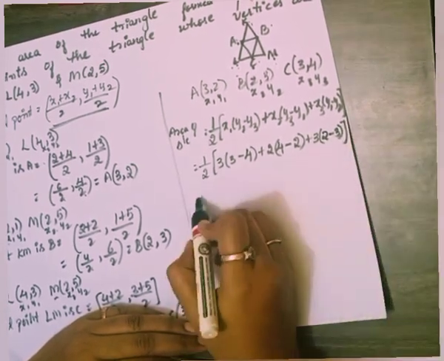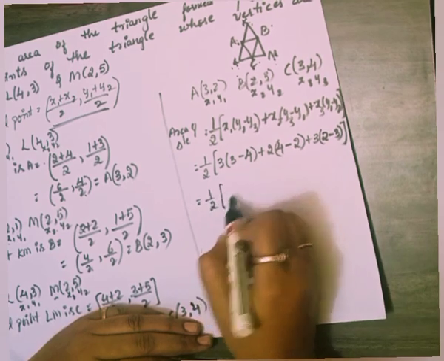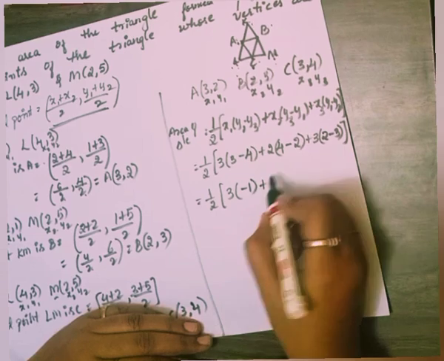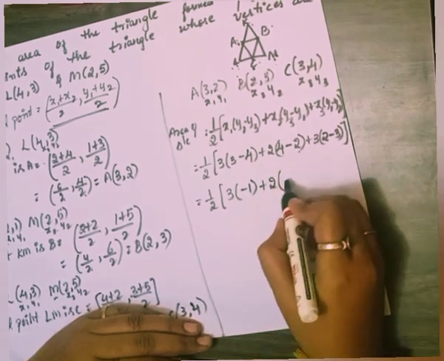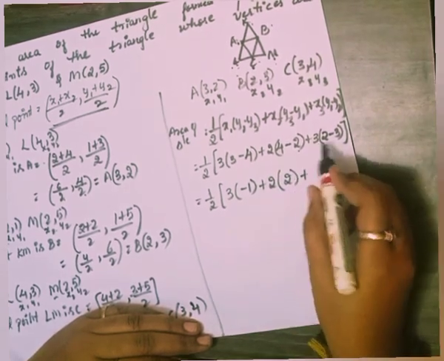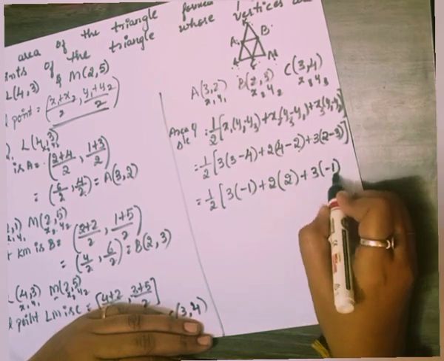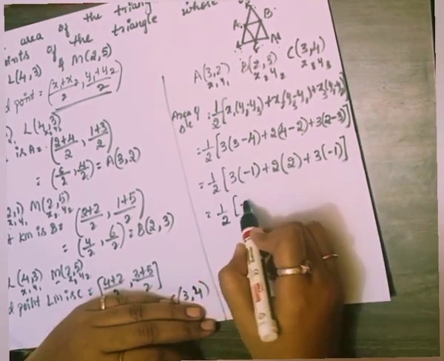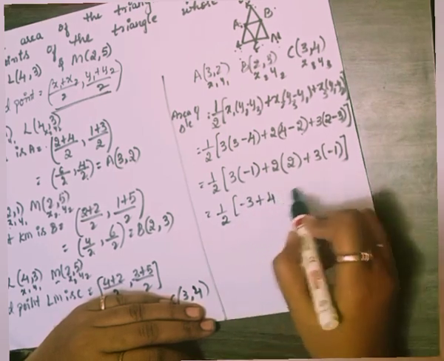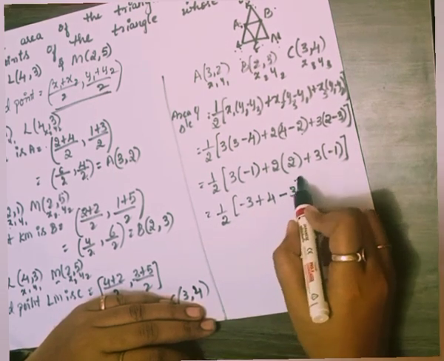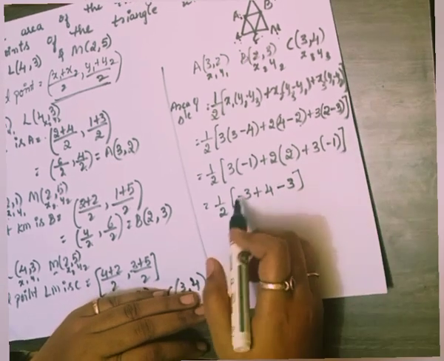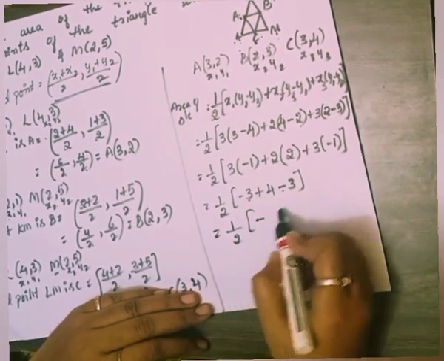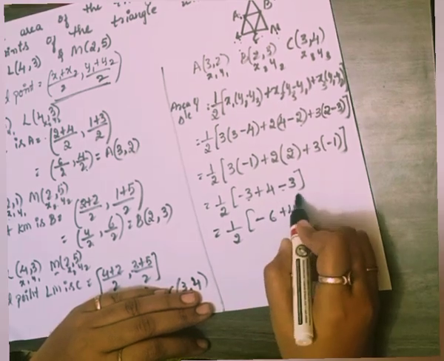Now we will subtract. 3 minus 4 will get minus 1, 4 minus 2 will get 2, and 2 minus 3 will get minus 1. Now 1 by 2 times: 3 into minus 1 is minus 3, plus 4, minus 3 again because we multiply. Adding these, I'll get minus 6 plus 4.